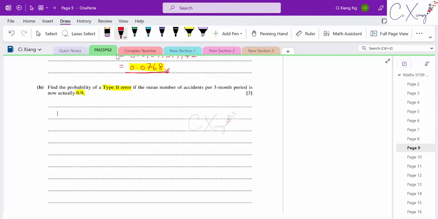Okay, so again, for the type 2 error calculation, we need to write out the definition first. For type 2 error, basically the definition will be we accept the null hypothesis when the null hypothesis is false.